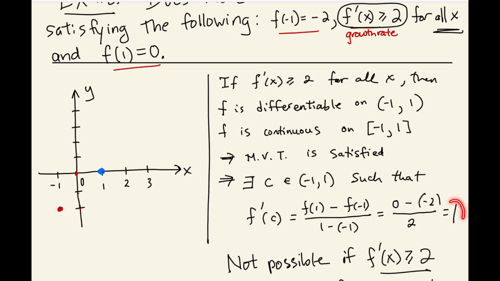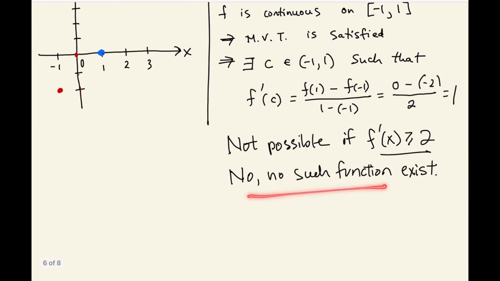But the slope of the secant line is 1. And if the derivative always has to be greater than or equal to 2, then this can never be equal to 1. So it's not possible, there's no such function.